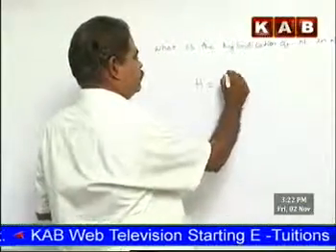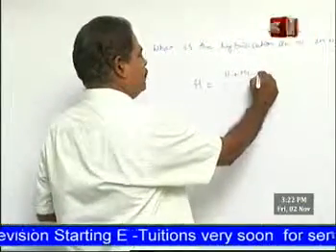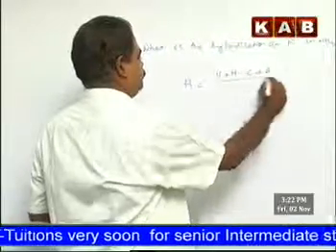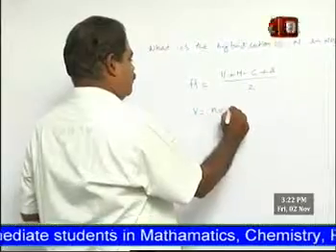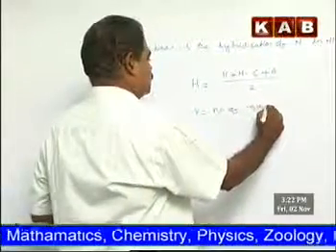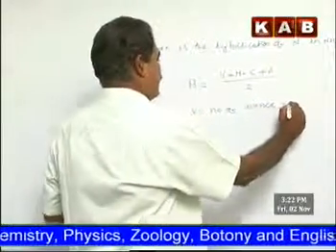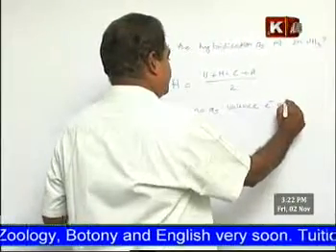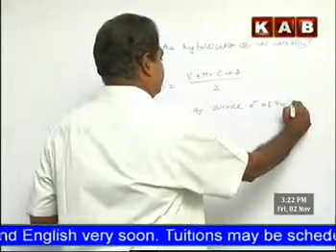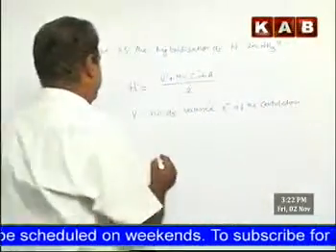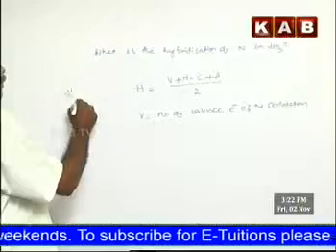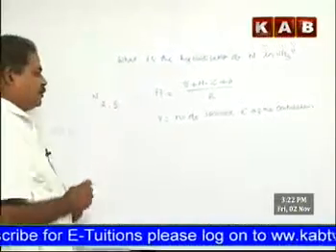H is equal to V plus M minus C plus A by 2. Here V is the number of valence electrons of the central atom, like nitrogen: the number of valence electrons in nitrogen is 5.